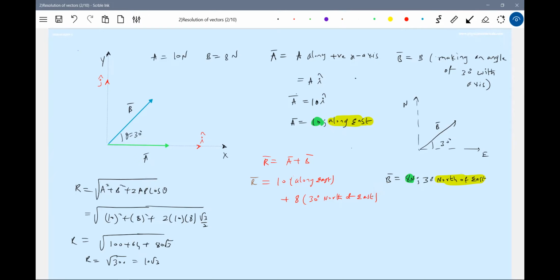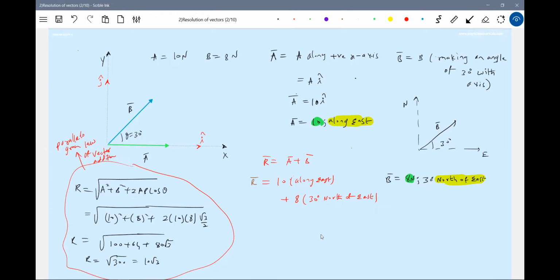This is by parallelogram law of vector addition. From there is what we brought this one.